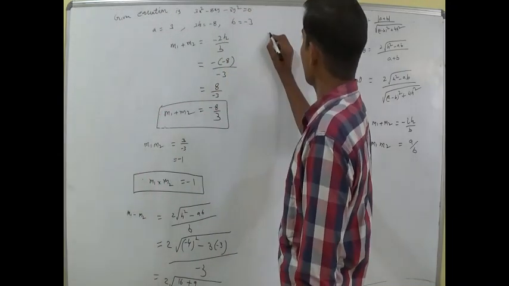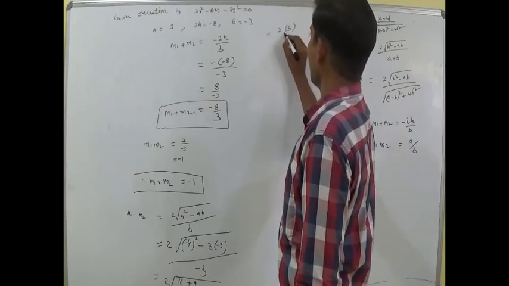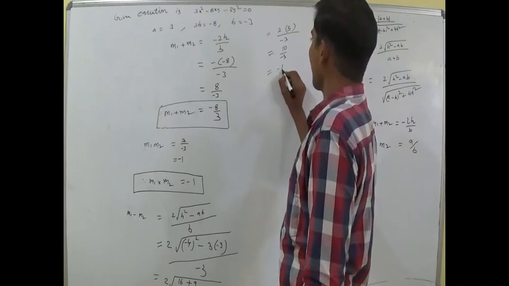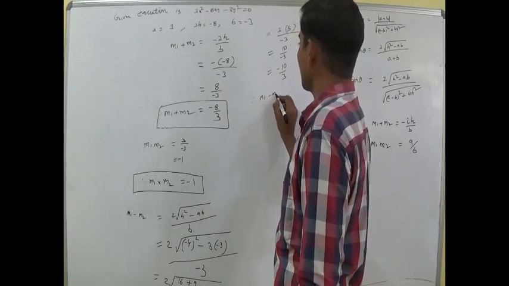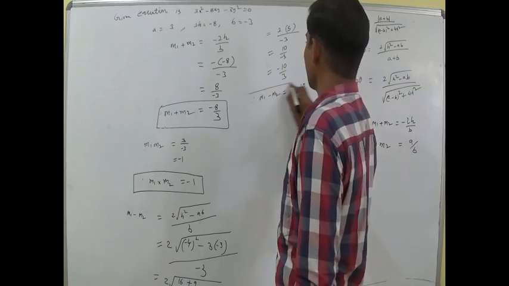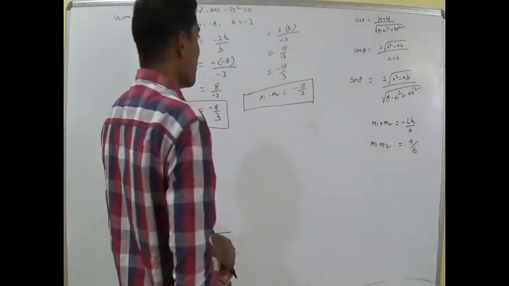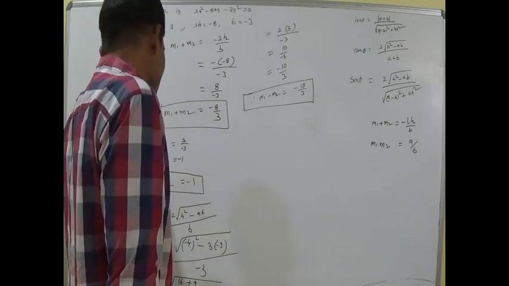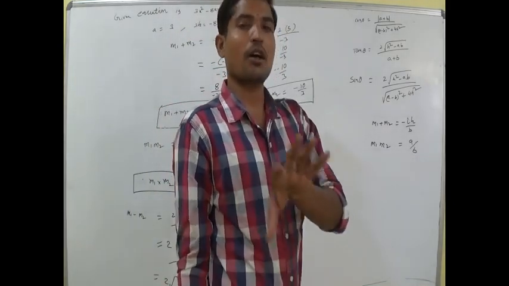So it is 2 into 5 by minus 3, which is equal to 10 by minus 3, which is minus 10 by 3. Therefore m1 minus m2 is equal to minus 10 by 3. This is one more correct answer. So for this problem we have 3 answers: m1 plus m2, m1 into m2 and m1 minus m2. These 3 are correct answers.